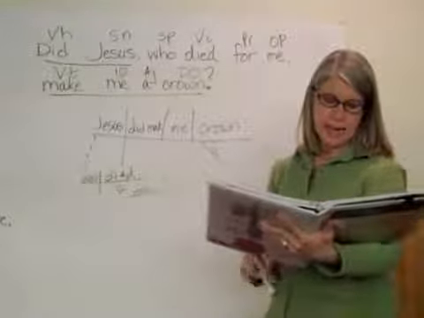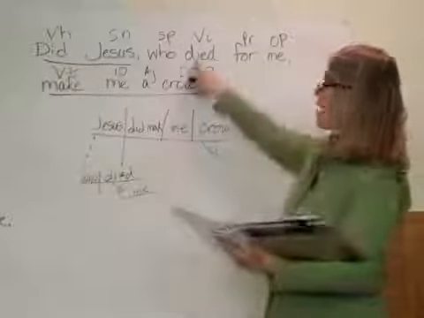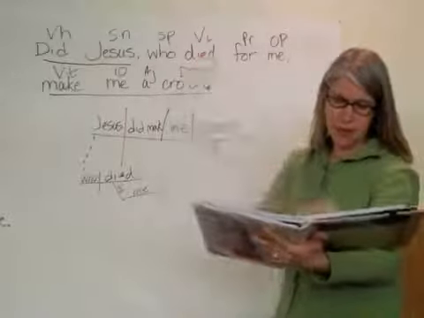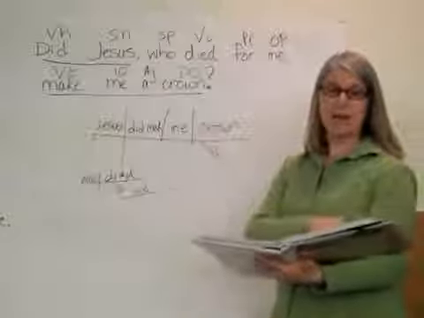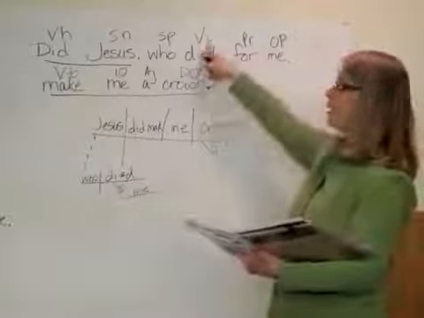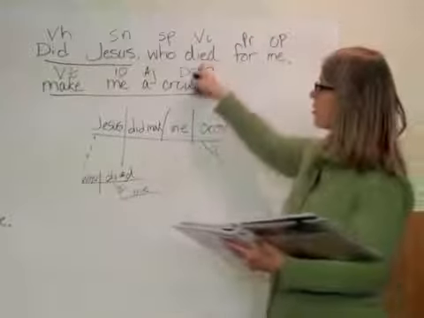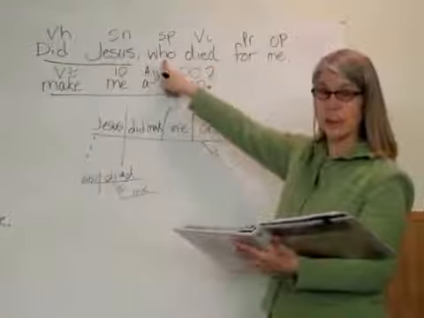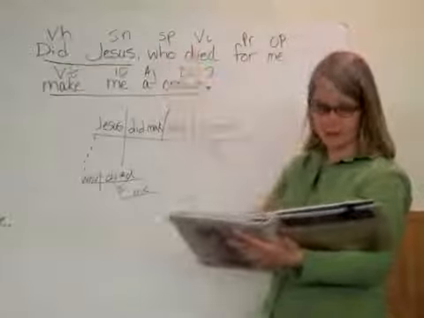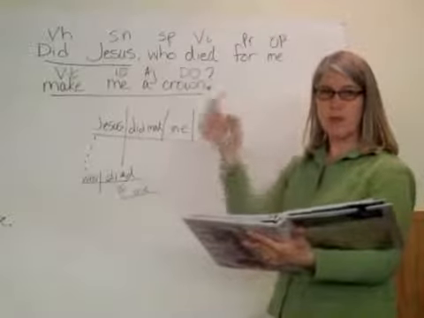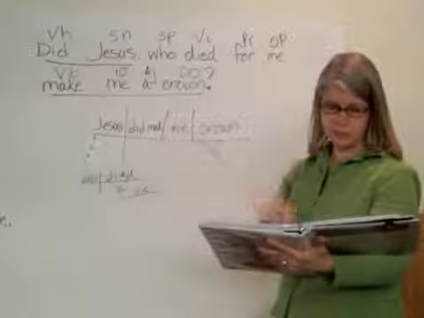So let's take the verb "died," verb intransitive, and you ask, what type of verb is it? It's a verb intransitive. Is it singular or plural? Well, it's singular because the subject is singular. There's another good discussion there if you need it, that our verbs agree with our subjects in number.